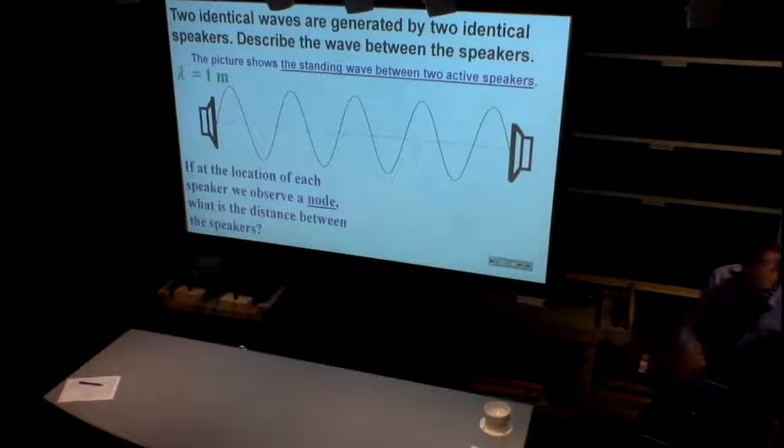And now, for example, we can calculate the distance between these speakers, right? So different people would have been doing it differently. I always count quarters. For me, it's much easier than doing anything else. So from the middle point, I have 1, 2, 3, 4, 5, 6, 7, 8, 9 quarters.